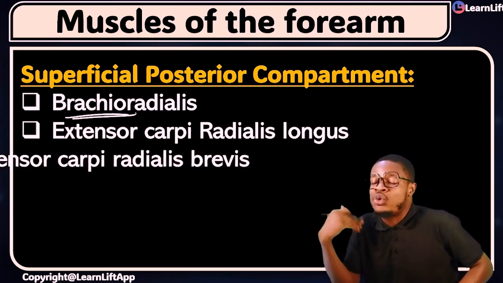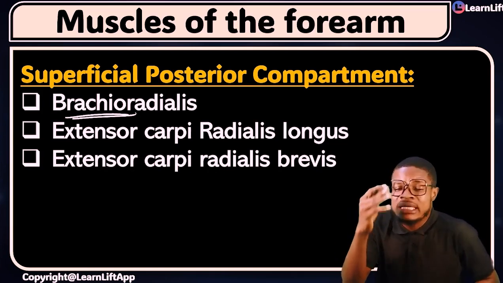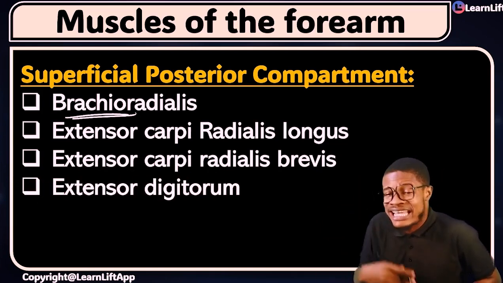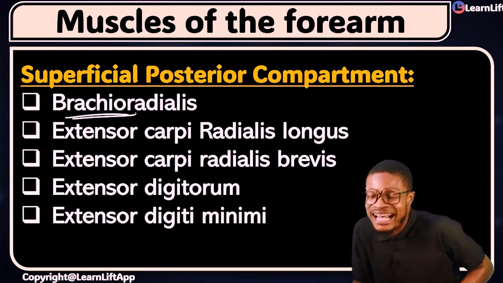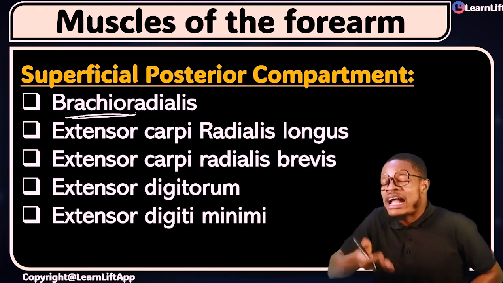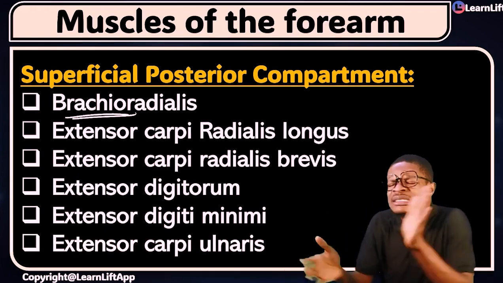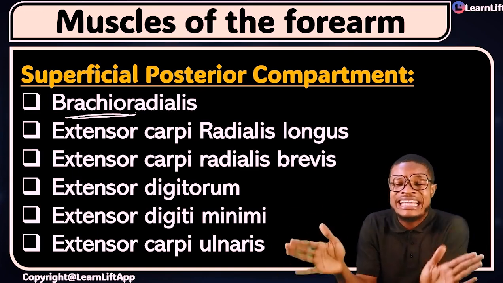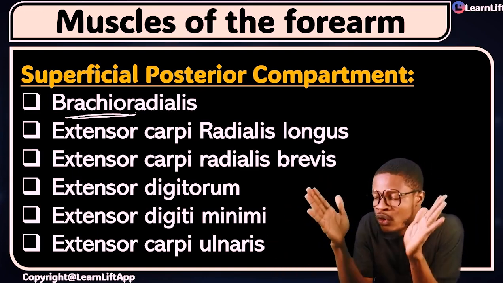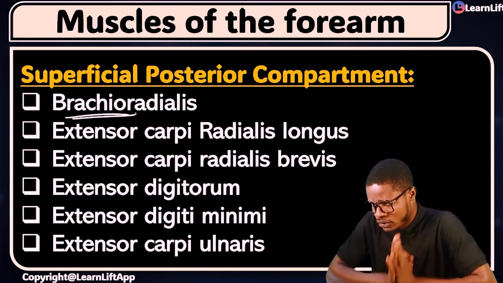Extensor carpi radialis what? Brevis. And then what is the fourth? Your extensor digitorum. And then the fifth is what? Extensor digiti what? Minimi. And then number 6 is what? Extensor carpi ulnaris. Simple. You are out of there. All these 6 muscles are in the superficial posterior compartment of the forearm. Does it make sense?